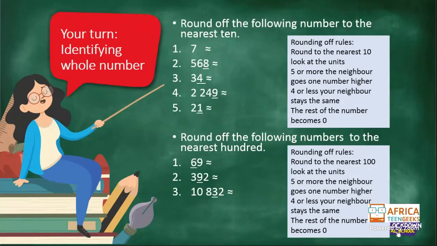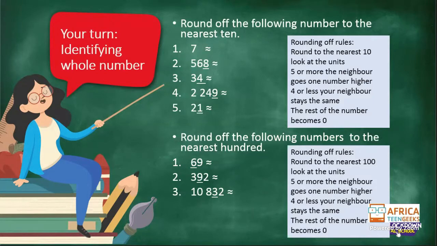If the unit is 4 or less, you round down, meaning the number stays the same. And whatever numbers come after that are deleted, meaning they become 0.